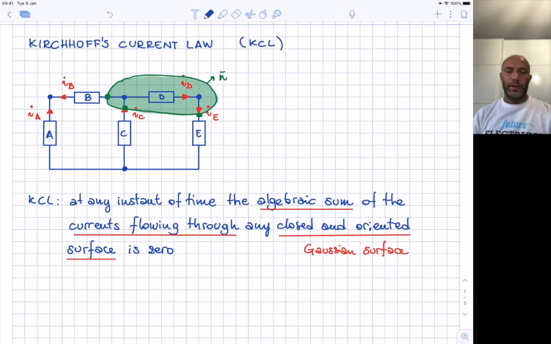In our case, the unit vector is pointing outwards, so all currents that are flowing outside the surface are taken with the plus sign. All currents that are flowing inside the closed surface are taken with the minus sign.